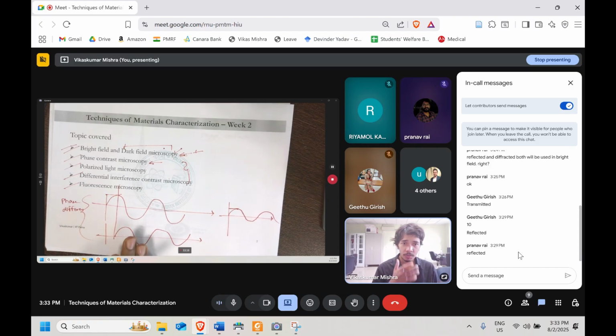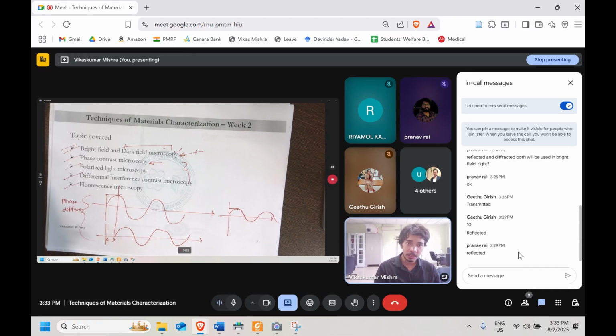Now, one more thing we have to understand: our eye is not sensitive toward the phase difference. Our eye is sensitive towards the intensity, the contrast difference. Since we know that there will be a path difference in these two waves, the interference phenomenon is going to convert this phase difference into an intensity difference.